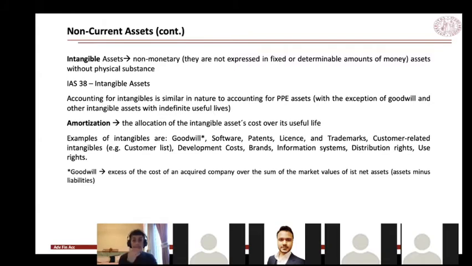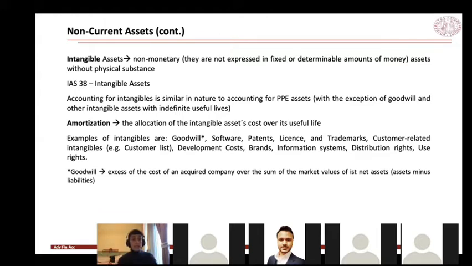They're not expressed in fixed or determinable amounts of money, and they do not have physical substance. The accounting for intangible assets is similar in nature to accounting for PP&E, with the exception of goodwill. And you already see that goodwill gives you a lot of problems, especially then in consolidation.